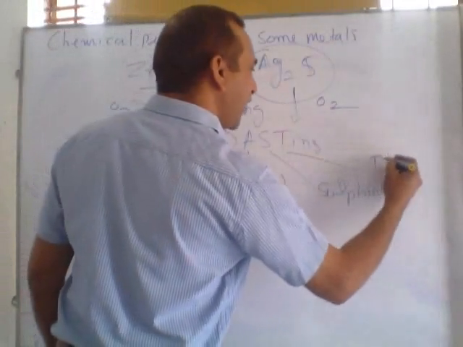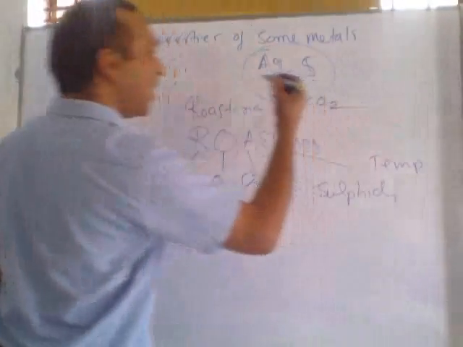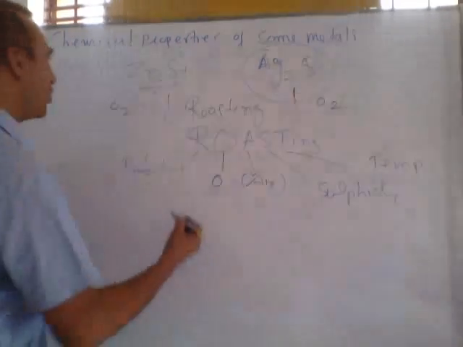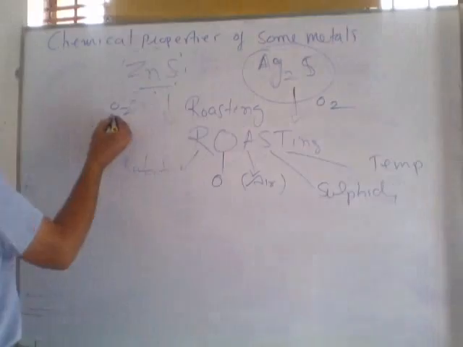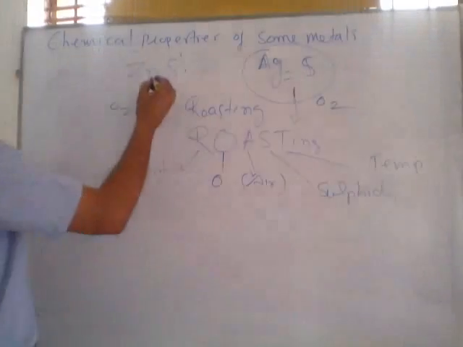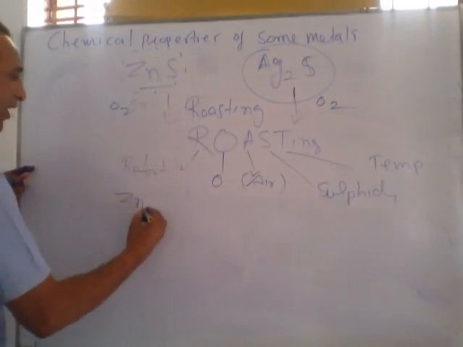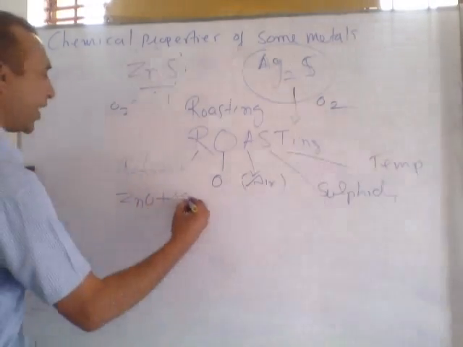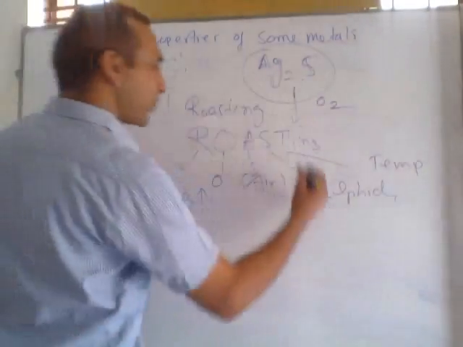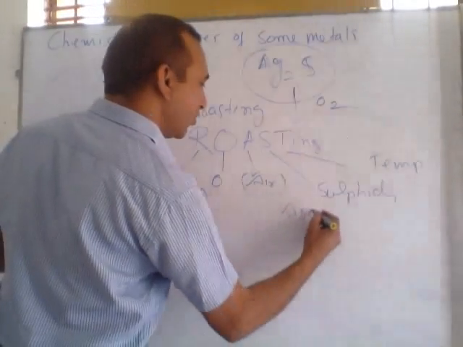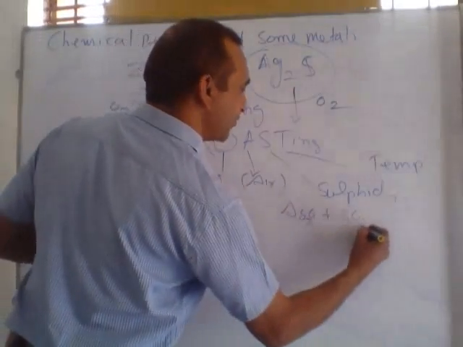And T is for temperature. In this process high temperature is required. So when we heat this sulfide ore with oxygen in a retort at high temperature, after the reaction we get ZnO along with SO2 gas. Similarly, after the reaction we get Ag2O and SO2.